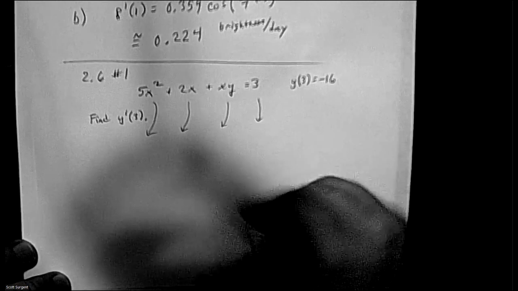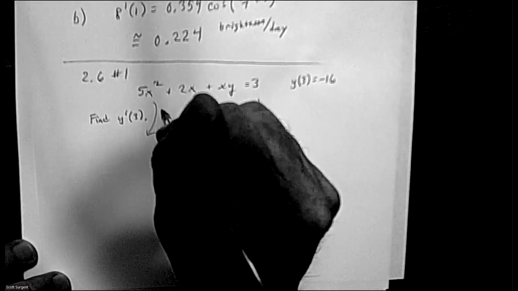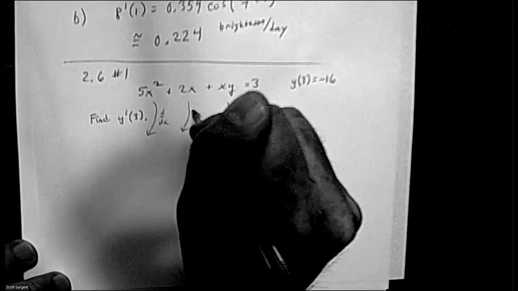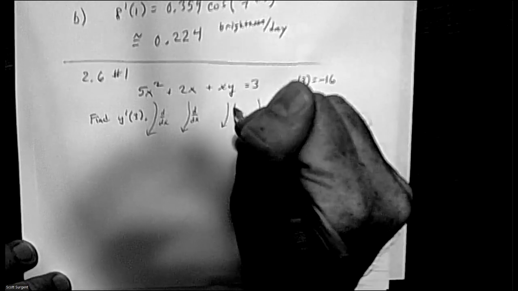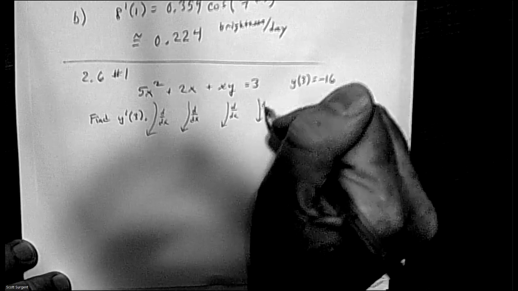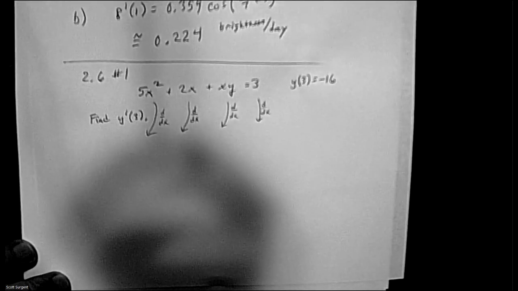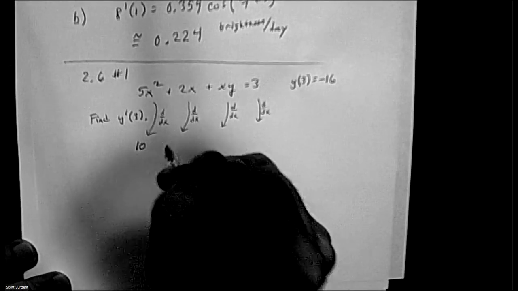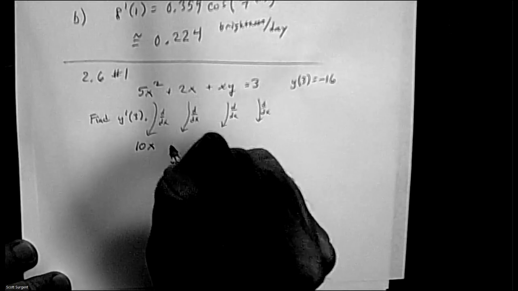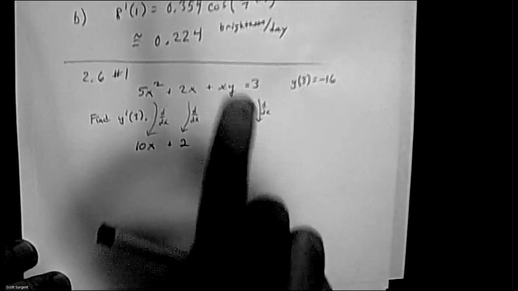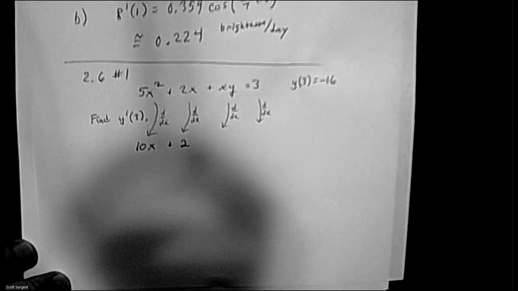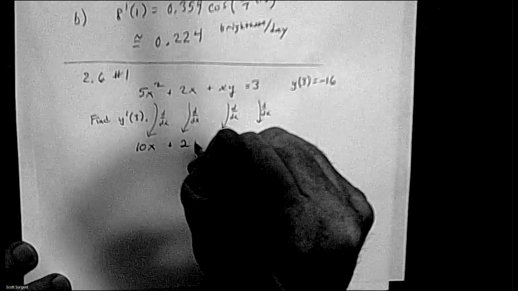So each of these arrows represents a derivative. We're going to take the derivative with respect to x of each of these terms. Derivative of 5x squared is just 10x. Derivative of 2x is just 2. Derivative of xy, that's a product, so we're going to do a product rule.